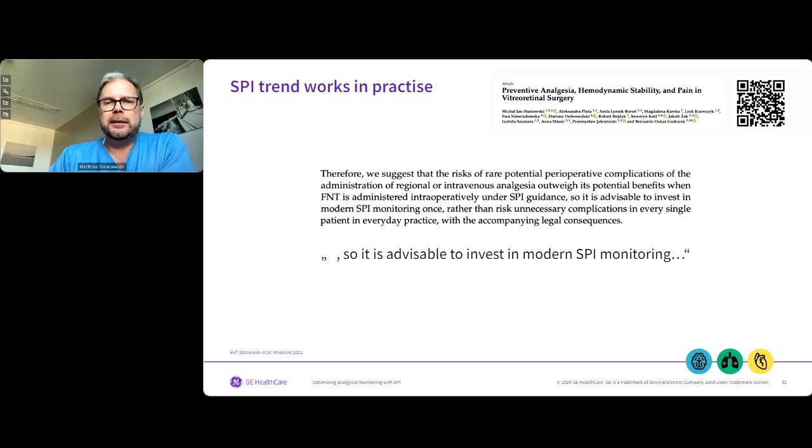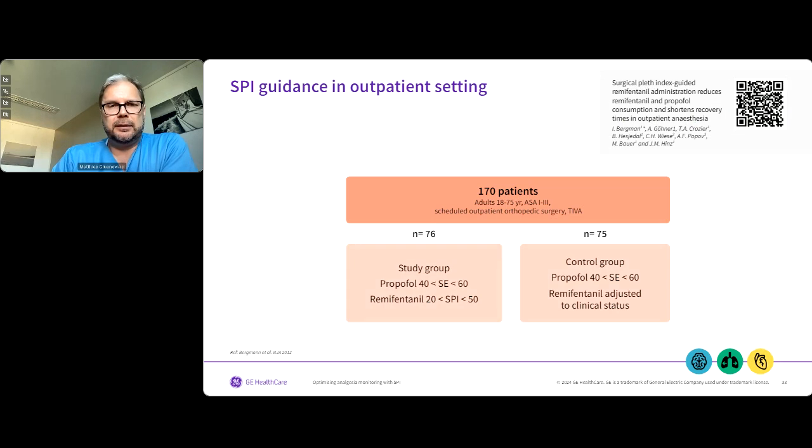So in the end, they come to the conclusion it's advisable to invest in such a monitoring. I told you before, the monitoring is already there because we have the pulse plethysmographic signal in every patient in our clinical practice.